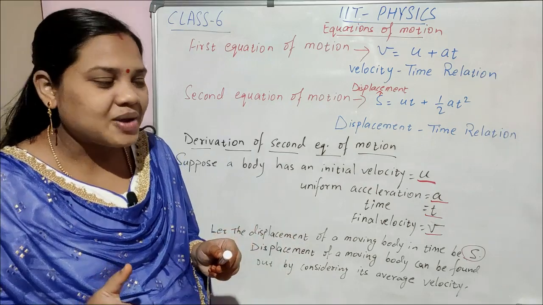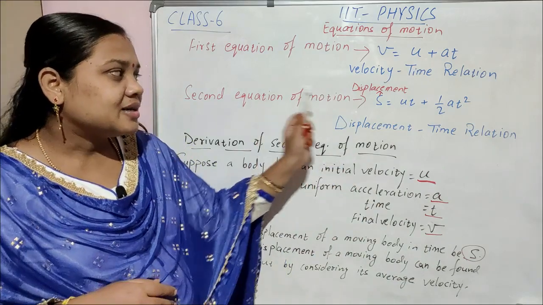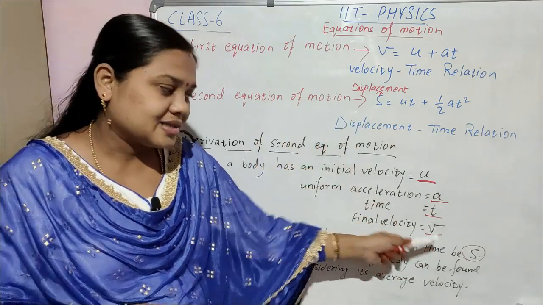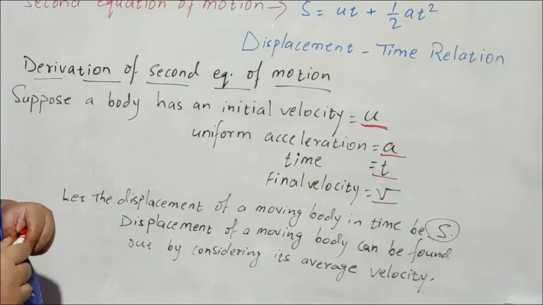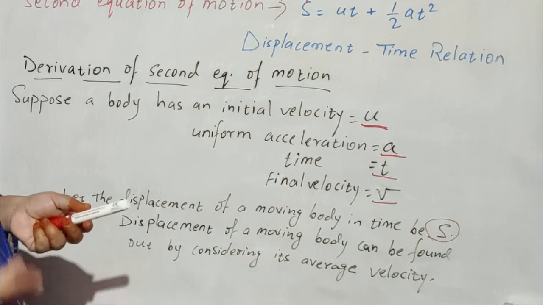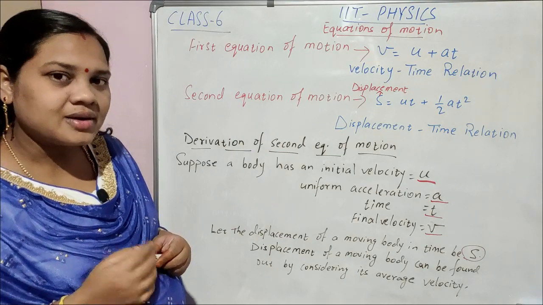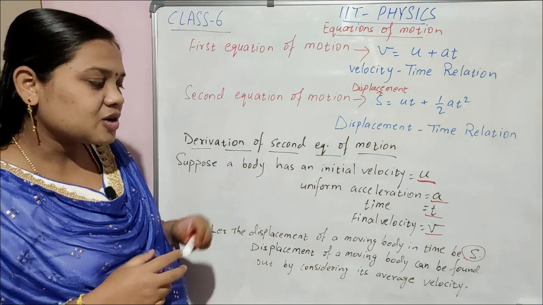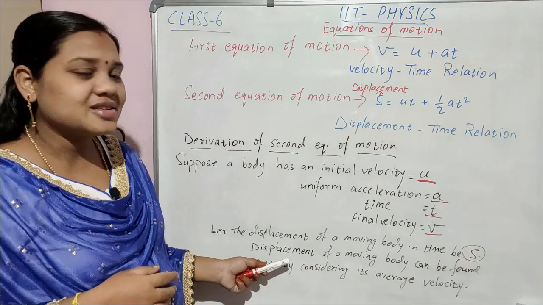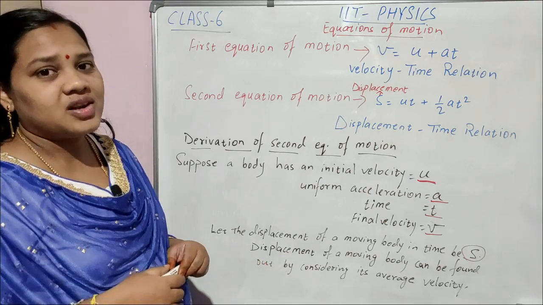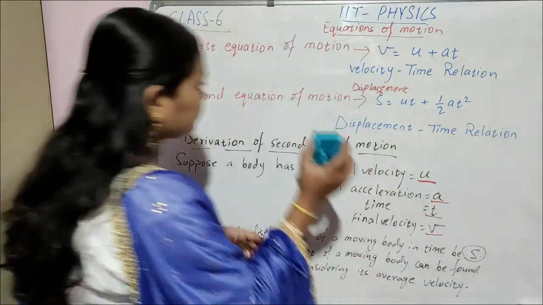What is that displacement? That is S. How much displacement? S. So how can you find the displacement of a moving body? We can find it by considering its average velocity. So how to find average velocity? Let's see.